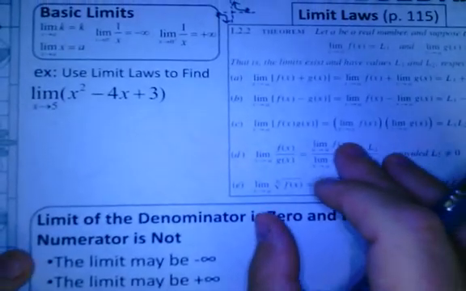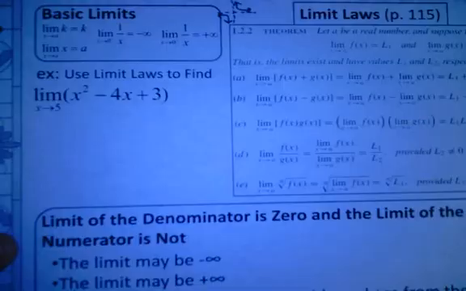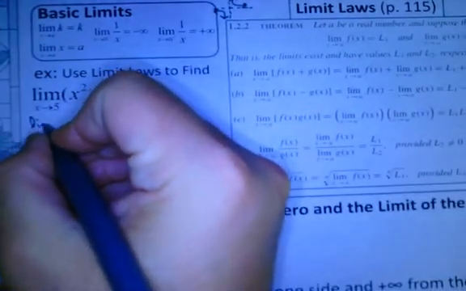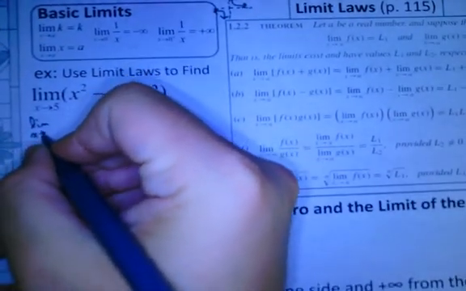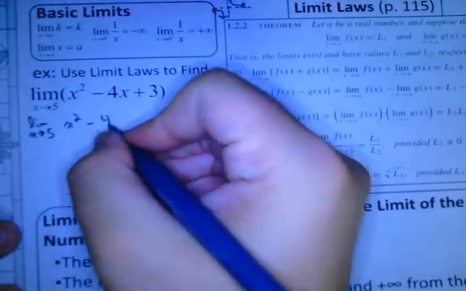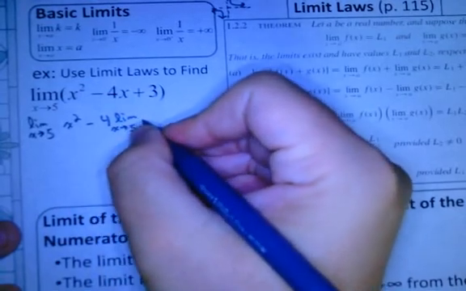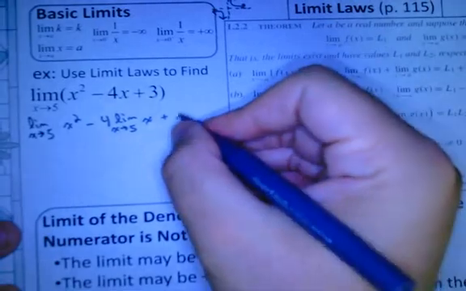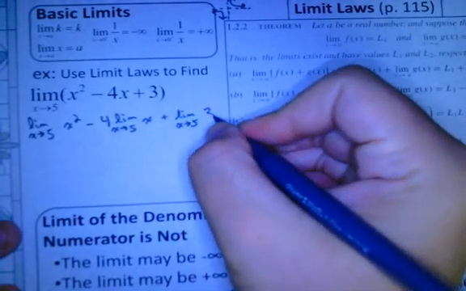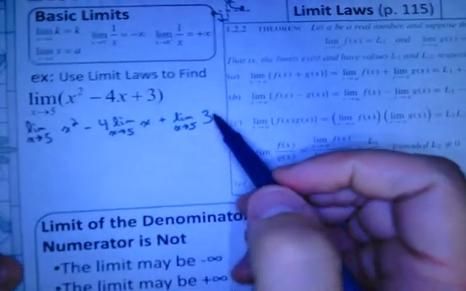Alright, so let's use the limit laws for this example. We're going to write this out as the limit as x approaches 5 of x squared, minus 4 times the limit as x approaches 5 of x, plus the limit as x approaches 5 of 3. You're just going to do each one of these separately.